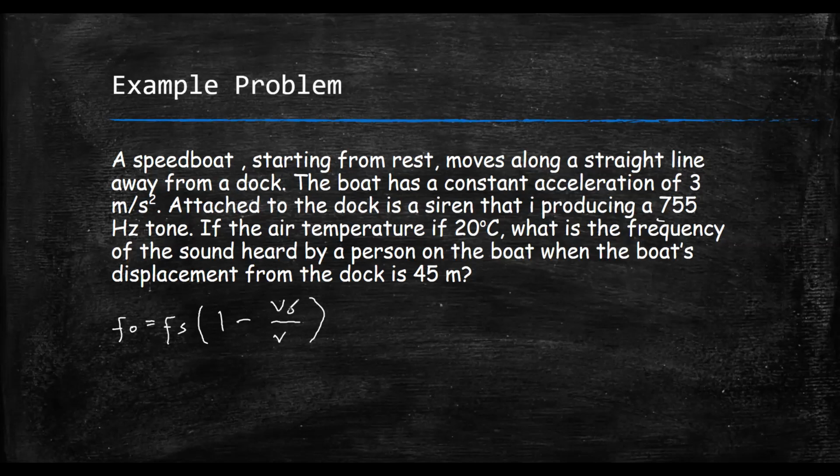So we need to look for the velocity of the observer, Vo. Using the equation in our kinematics, we can solve for Vo by getting the square root of the initial velocity of our observer squared plus 2 times the acceleration times x.